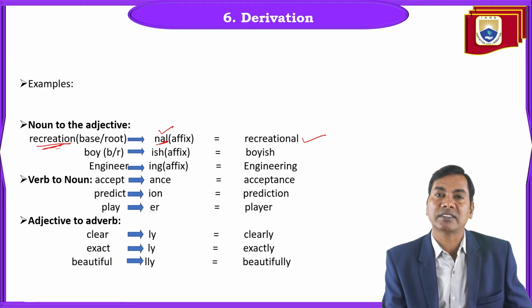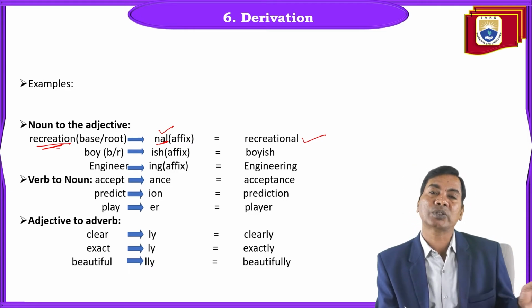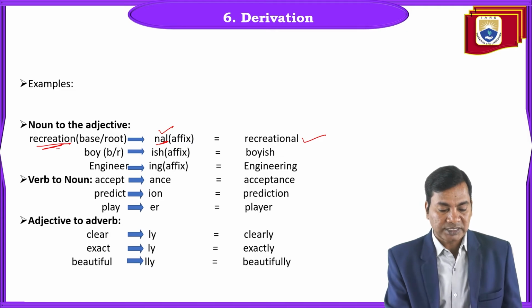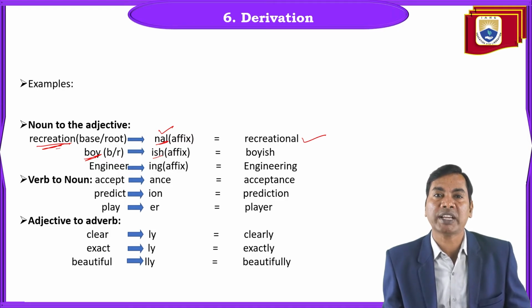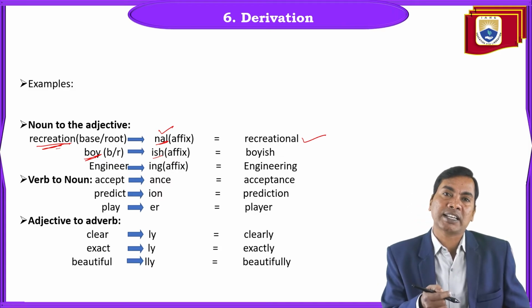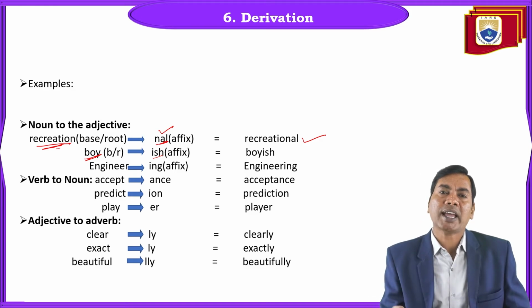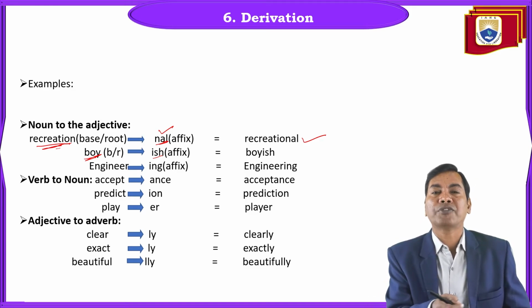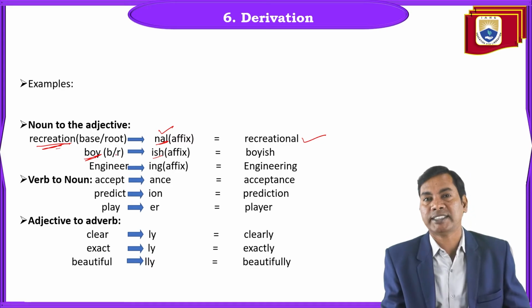See, another noun, boy, is existing, and if you affix ish to that, it becomes boyish, which is an adjective. So we are deriving adjectives from the existing noun by affixing bound morphemes to the nouns.